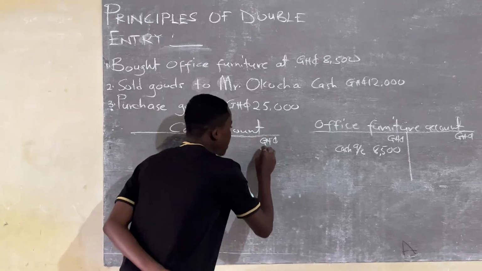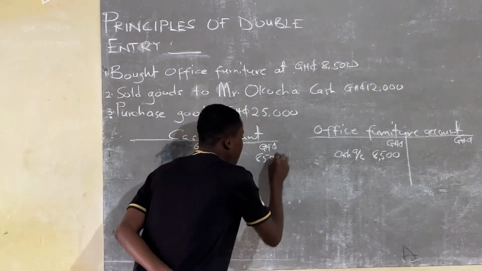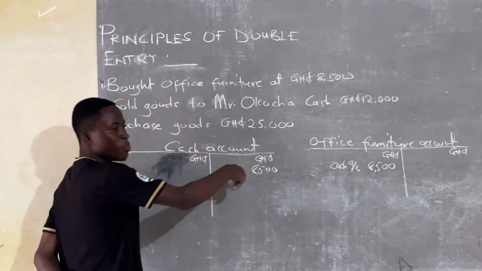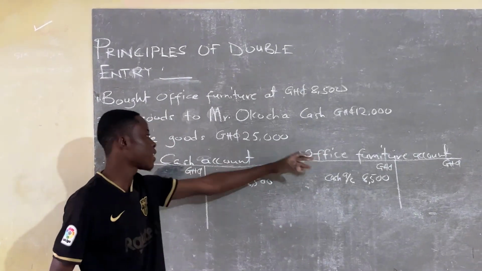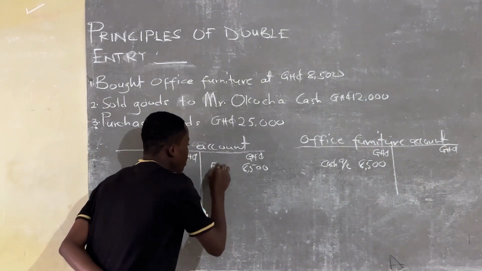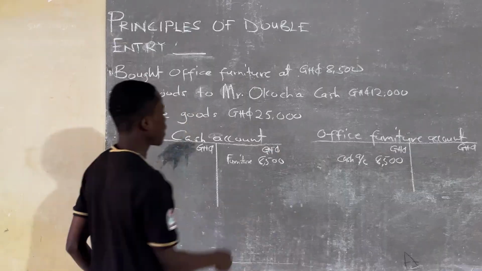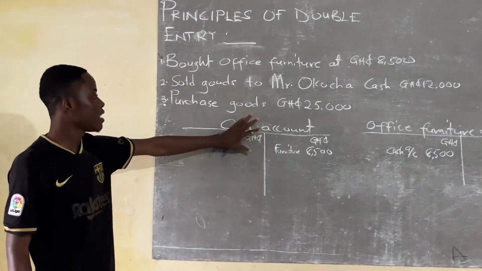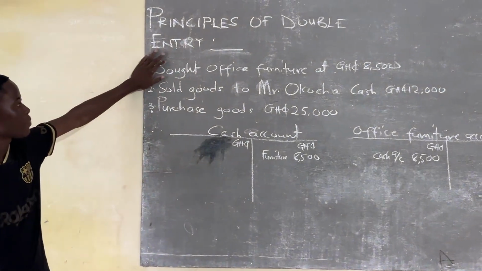So we have our 8,500 affecting the credit side of the cash account, and the narration would be the other account involved, which is the furniture account. So this is all for the first transaction.